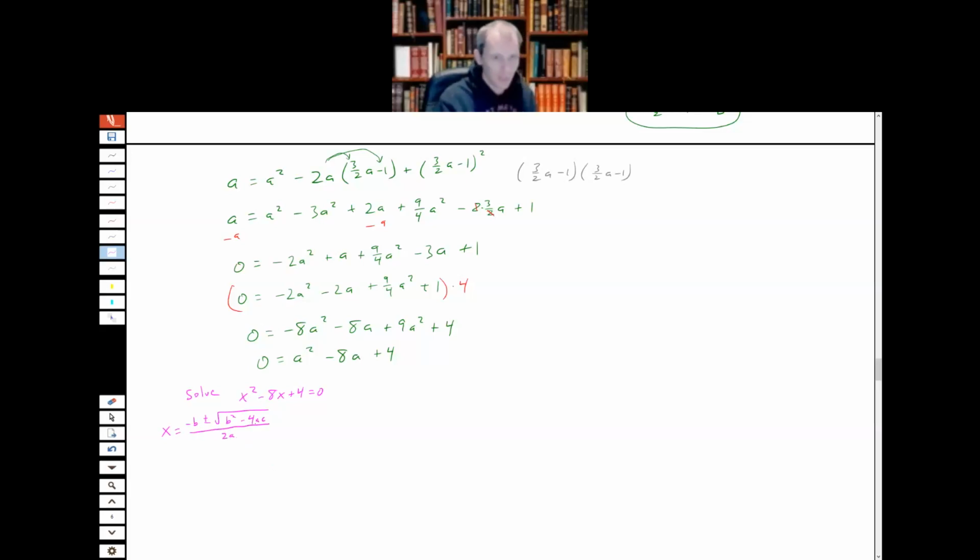And that way the a's and b's and c's in the quadratic formula don't get confused with a over here. But you don't have to change the variable over.